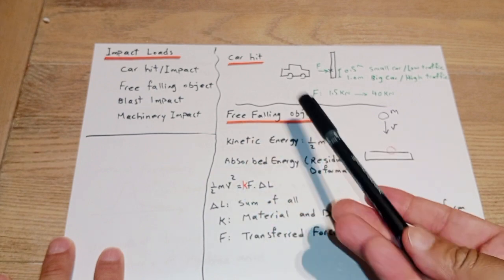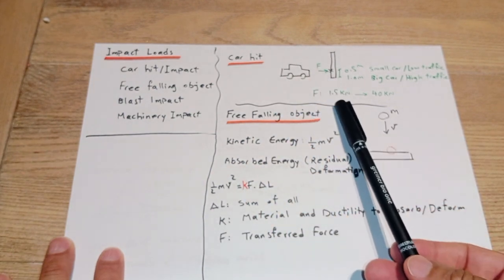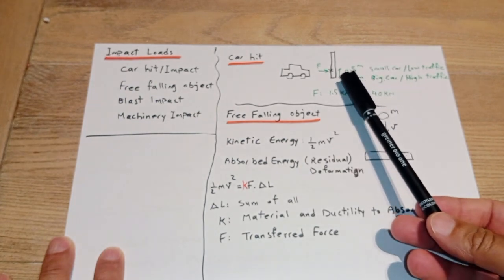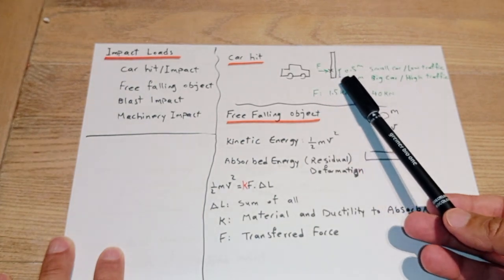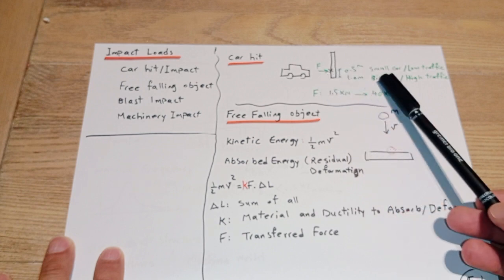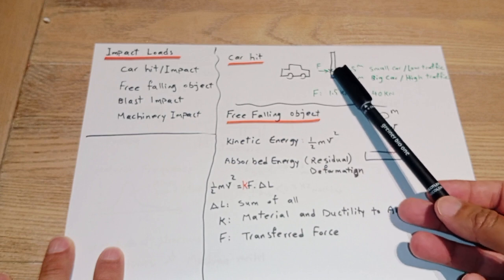For car hit or car impact, it is simple. In general, we have two levels of car impact. For small cars, we're going to have half a meter from the ground, and for big cars or trucks, we have 1 meter from the ground that effect.